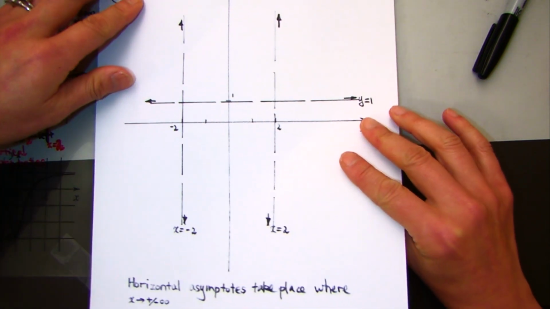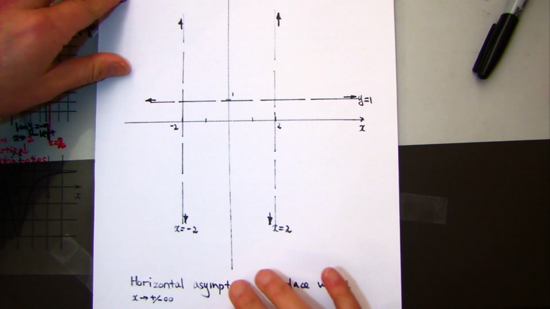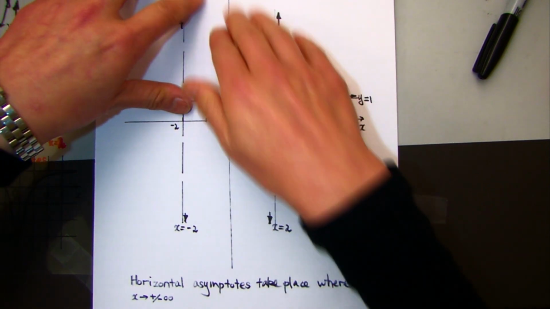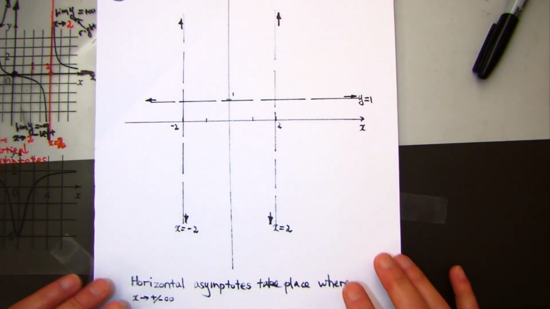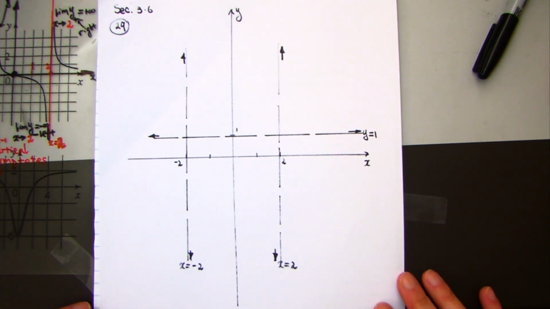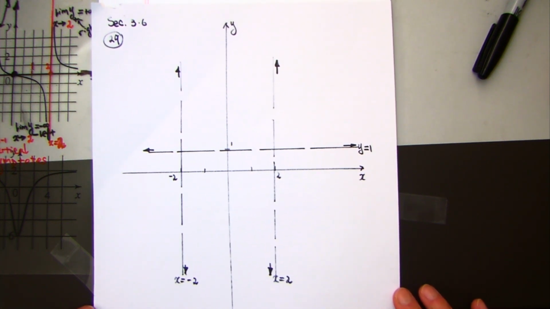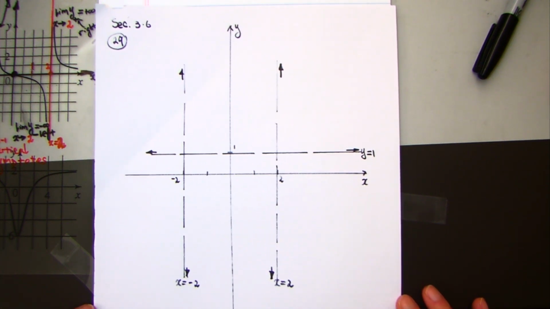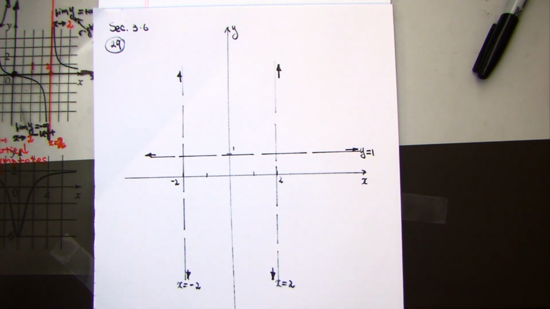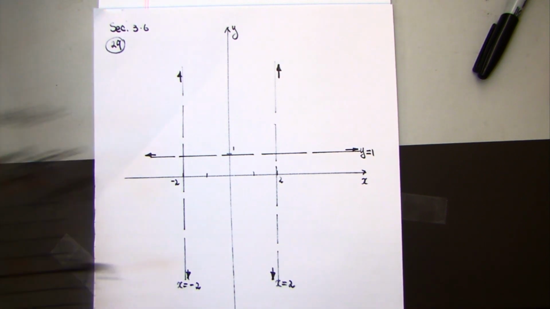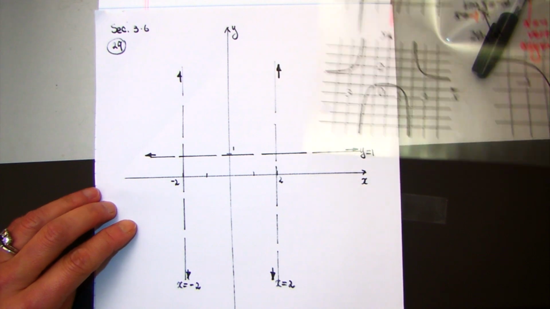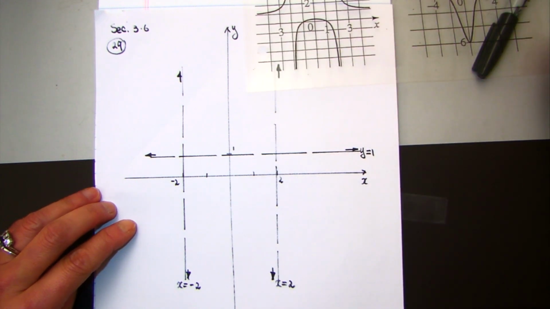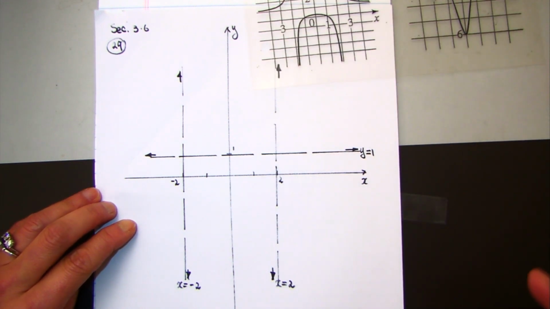All right, so here it is. Let me sketch the graph again. I didn't sketch out the whole graph, just a rough sketch, and we're hoping that you will do it with me.